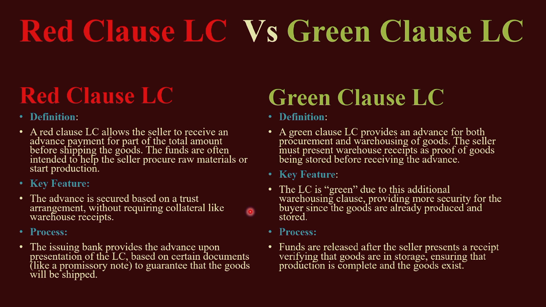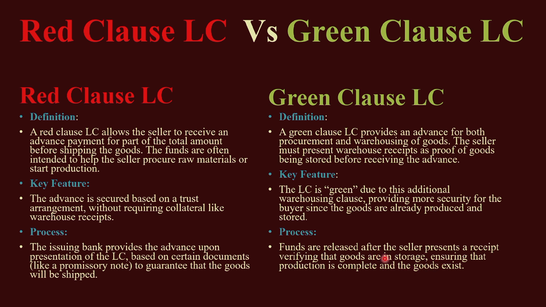When we discuss the process, the issuing bank provides the advance upon presentation of the LC based on certain documents to guarantee that goods will be shipped. While in the case of green clause LC, funds are released after the seller presents a receipt verifying that goods are in storage, ensuring that production is complete and the goods exist.